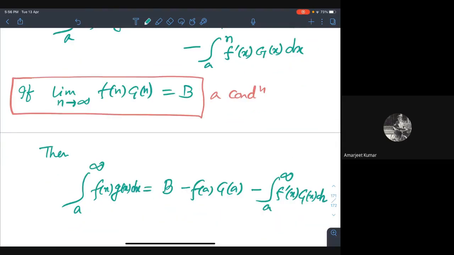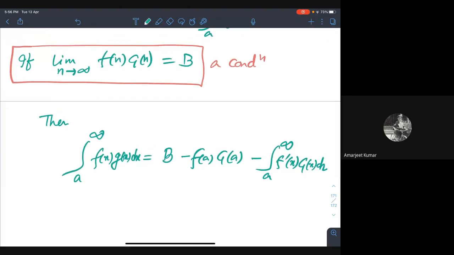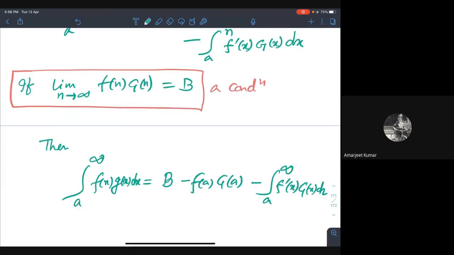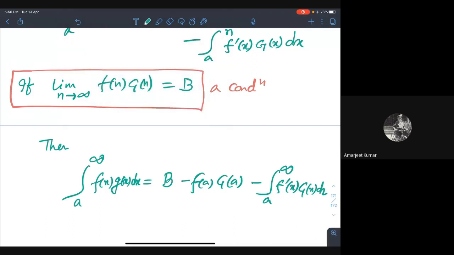All right. So we have this one. Once this is a condition, another condition we would require is this, which is definitely true, and this one is nothing but the limit as n tends to infinity of the integral from a to n of f'(x)g(x).